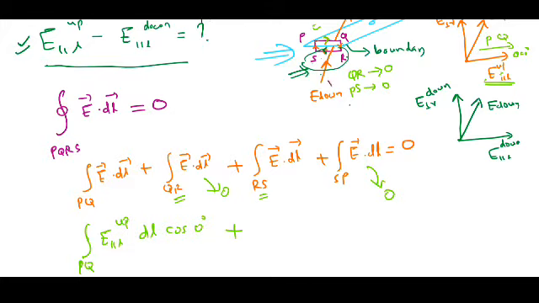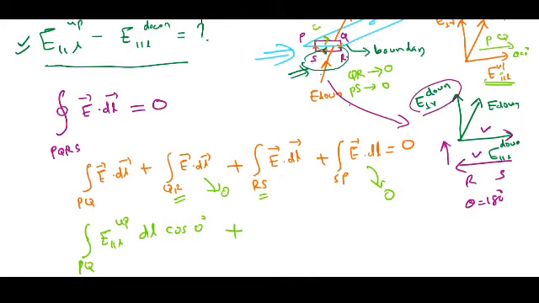If you look here, E parallel down is along this direction, and our SR is along this direction. The angle between these two is theta equal to 180 degrees, whereas the E perpendicular down component is perpendicular to the length element. The angle is 90. Therefore, this E perpendicular down component does not contribute any electric field.